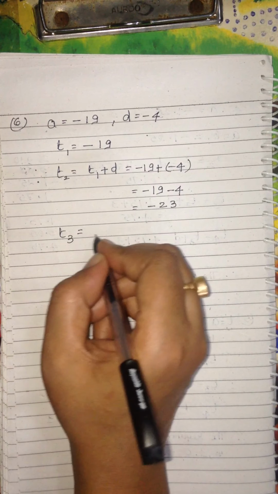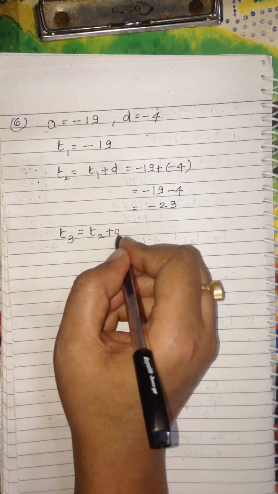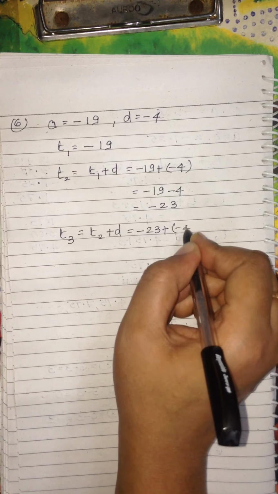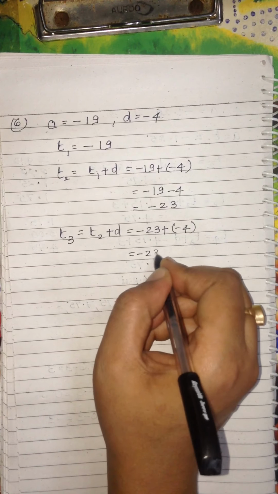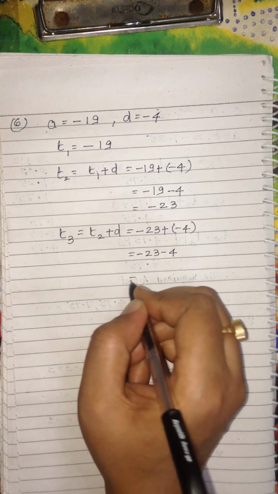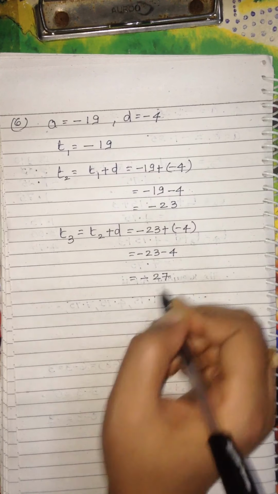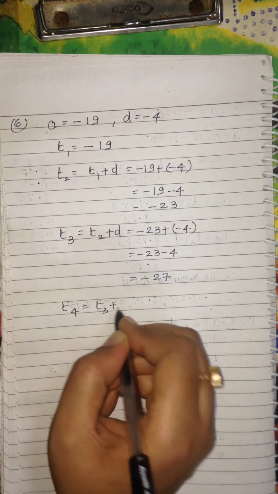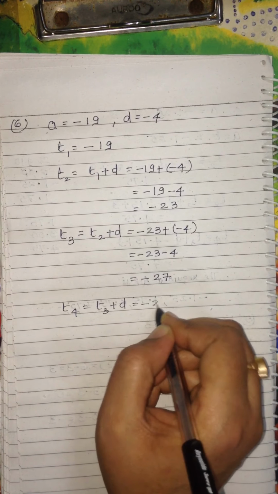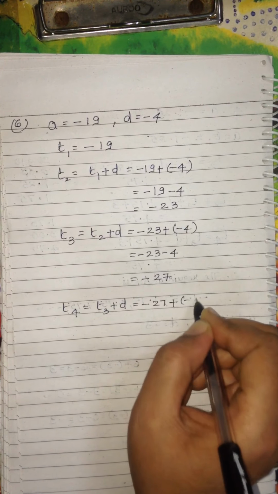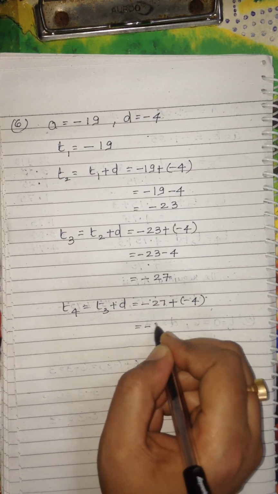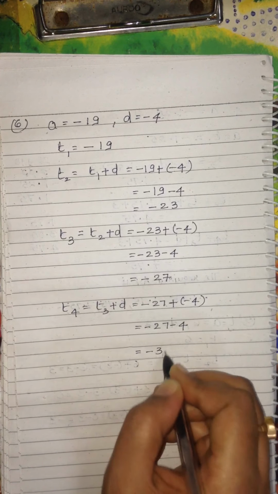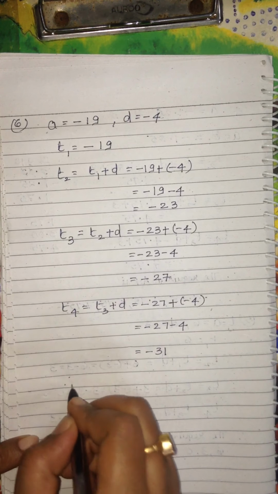When you are taking the minus sign, be very careful. t3 is t2 plus d, that is minus 23 plus minus 4 gives us minus 27. t4 is equal to t3 plus d, that is minus 27 plus minus 4 gives us minus 31.